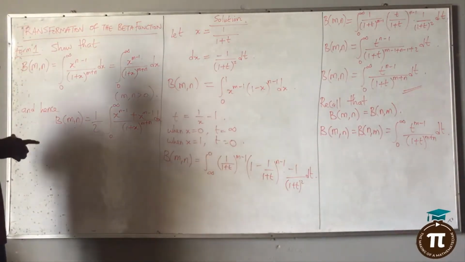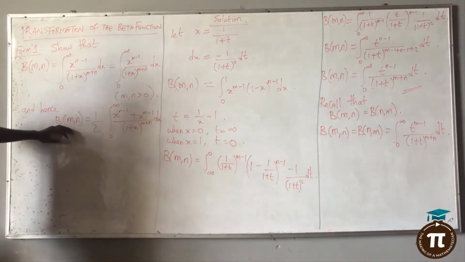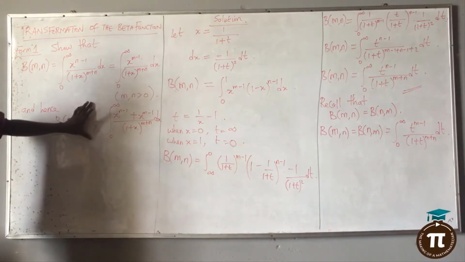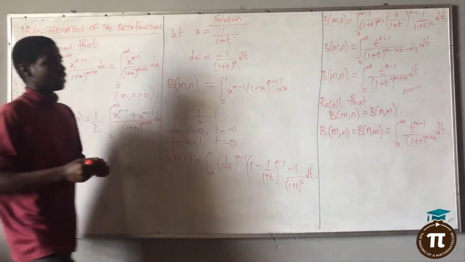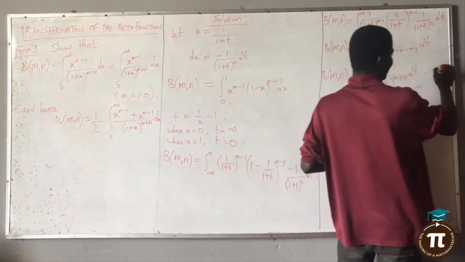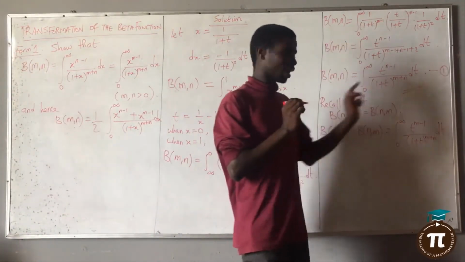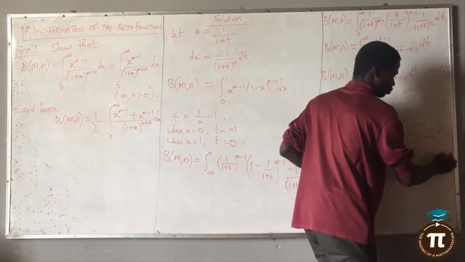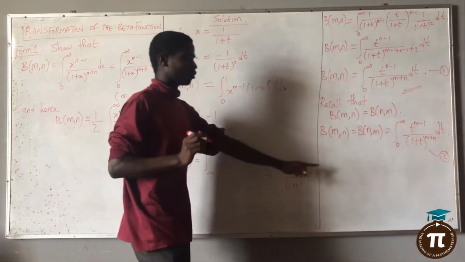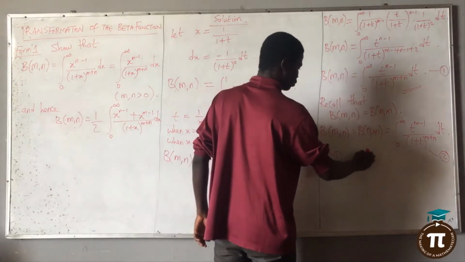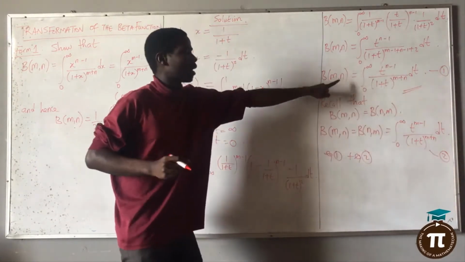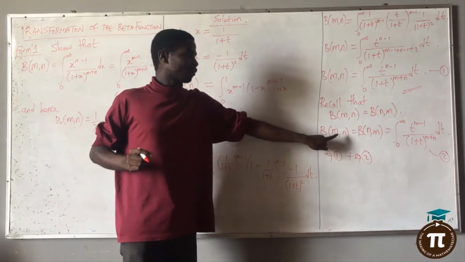Then lastly, we want to show that beta of m comma n is equal to 1 over 2 integral from 0 to infinity of this. Let me call this equation 1 and this equation 2. Add them together, equation 1 plus equation 2. Beta of m comma n and beta of m comma n.